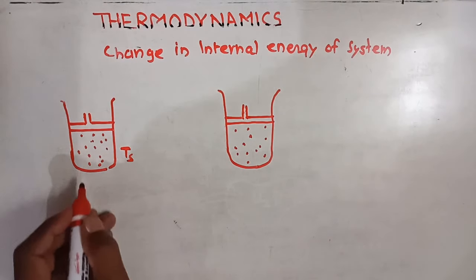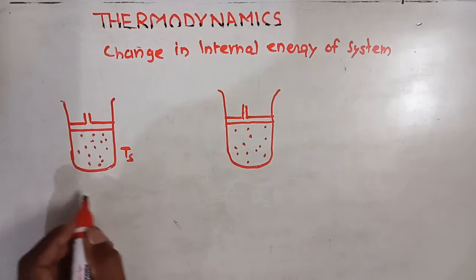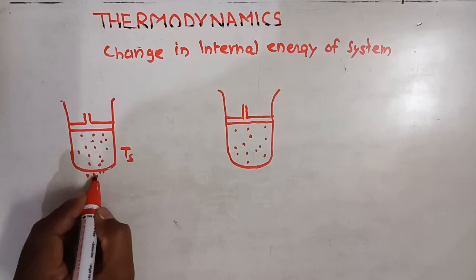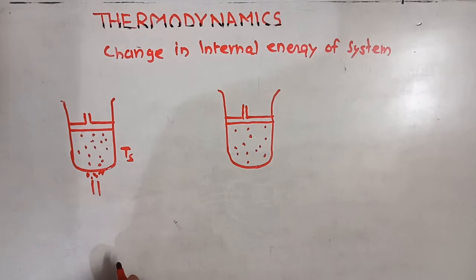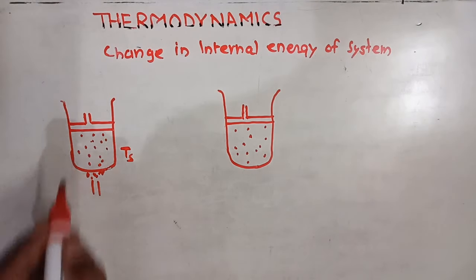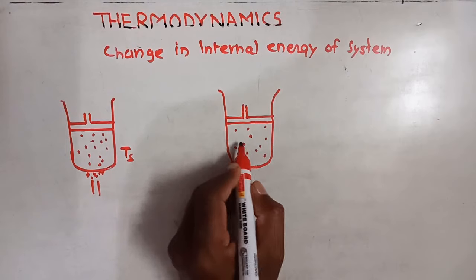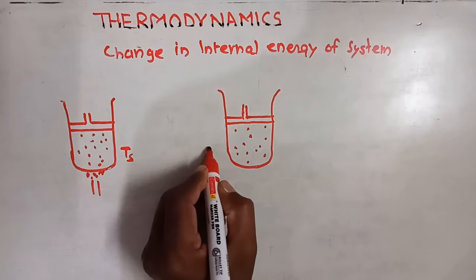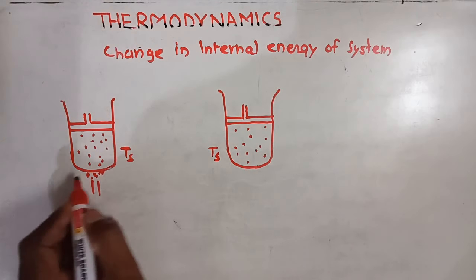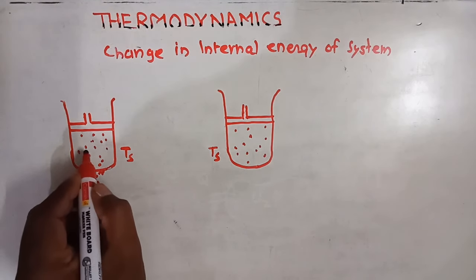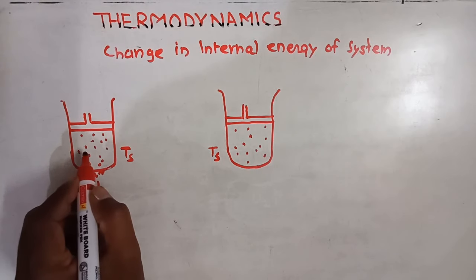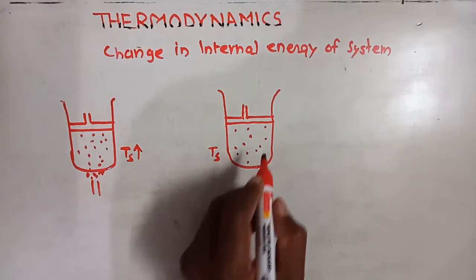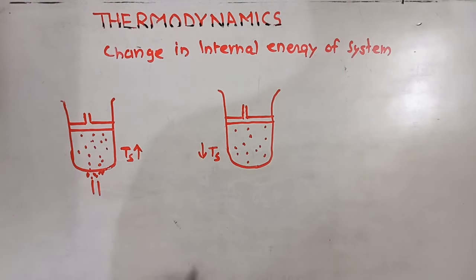Now suppose that for this system, with the help of a burner, we add heat by heating this cylinder, and suppose this cylinder is placed in a cold environment, and that's why the temperature of the gas in this cylinder is increased, and the temperature of the gas in this cylinder is decreased.